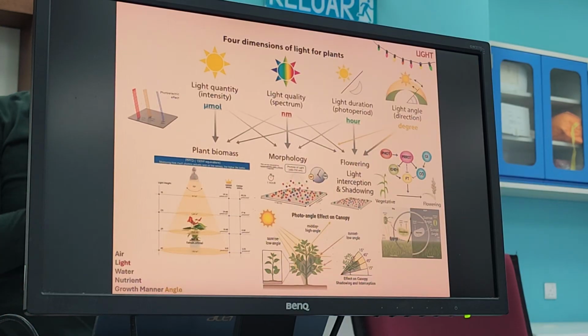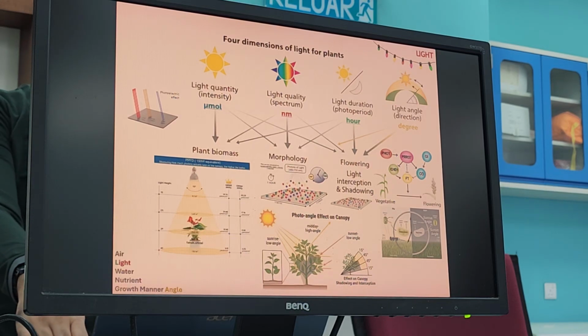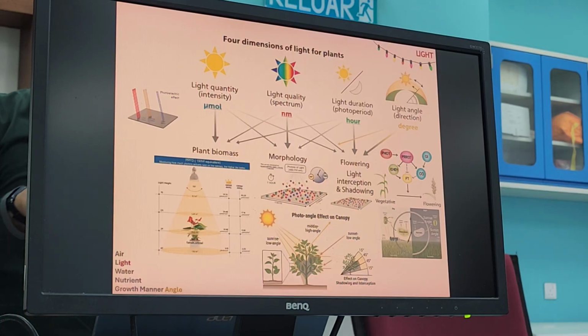So we're going to look at light as a mystery, because even without all these 4 dimensions that are important for photosynthesis, you're going to find out that by learning light, you know that, oh, this guy is very enigmatic.